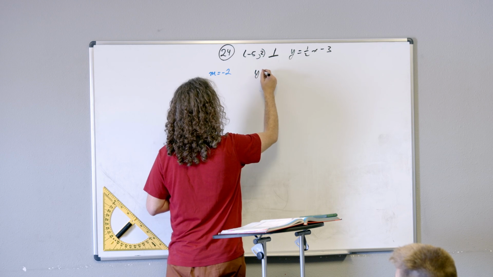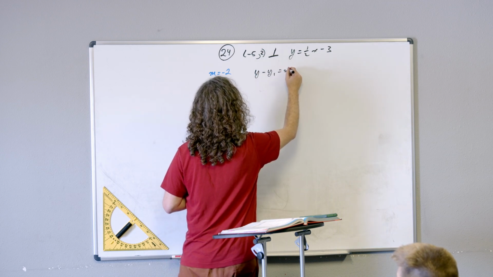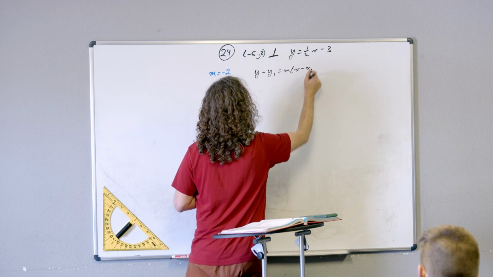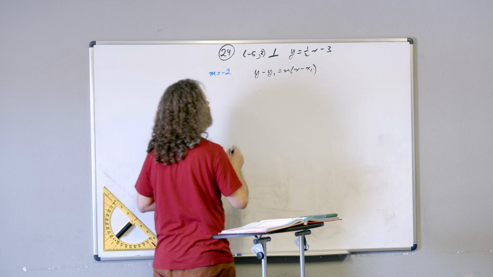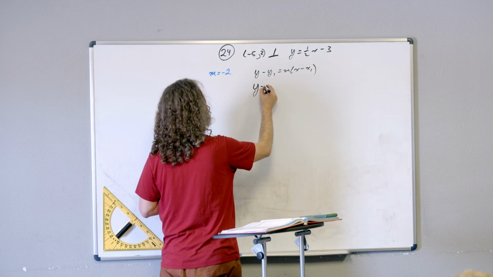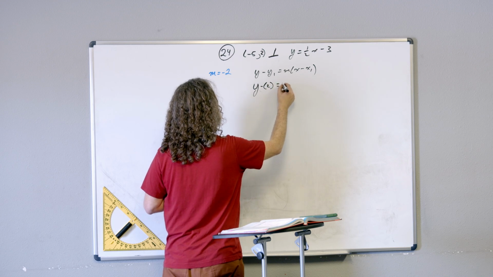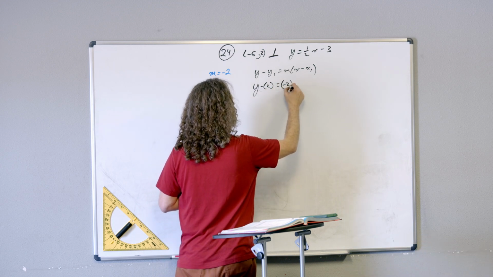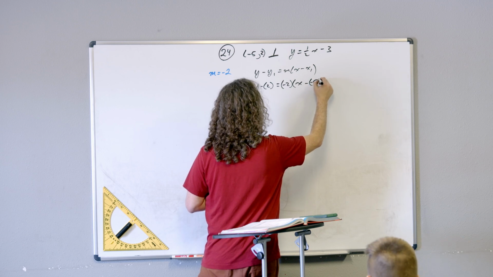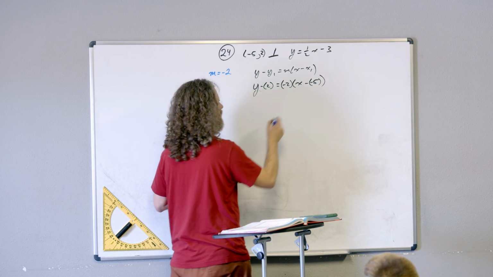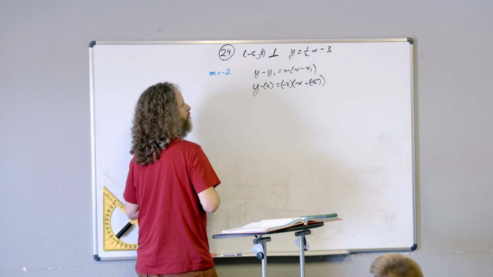Let's use point slope. What are we going to do? We're gonna replace y with 2, m with -2/1, and x with -5. Ka-chink, ka-chink. Now what?